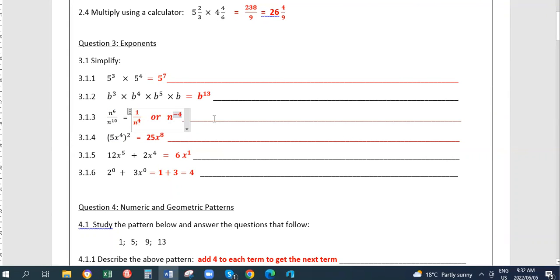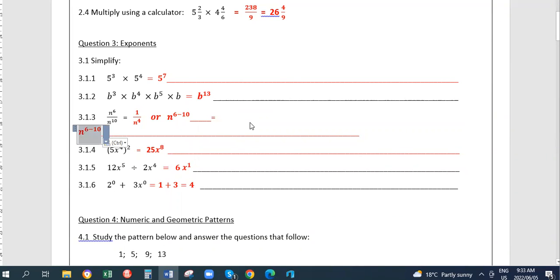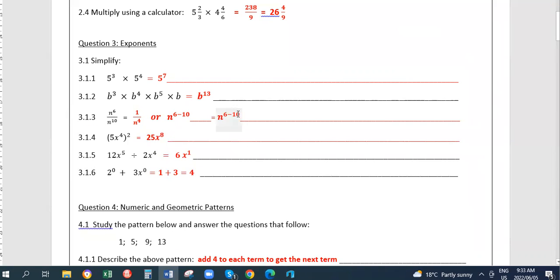And so in this case here, 6 minus 10 is n to the negative 4, because you're subtracting.